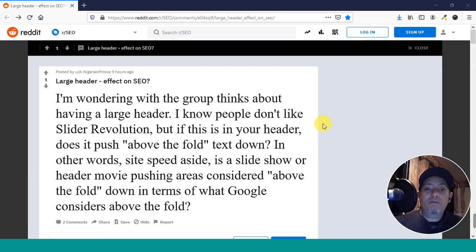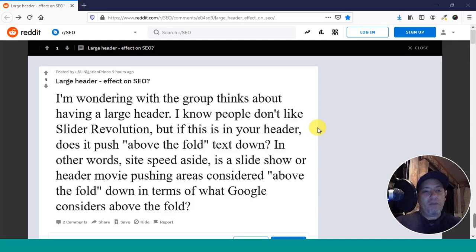But what he or she is saying is, in other words, site speed aside, is a slideshow or a header movie, like a background movie playing in the top area, pushing areas considered above the fold down in terms of what Google considers above the fold.